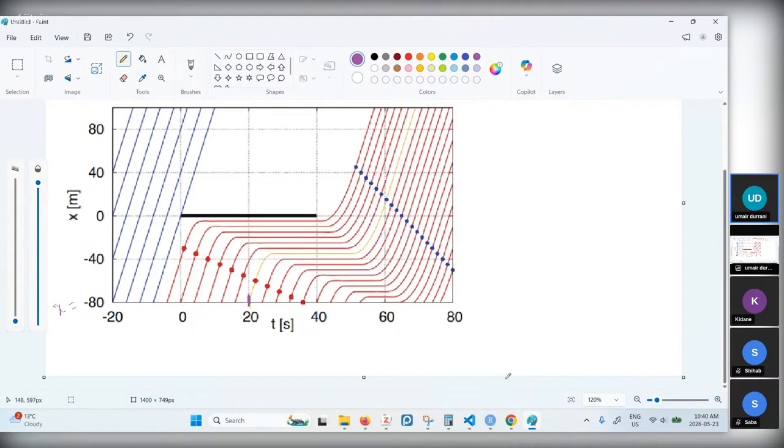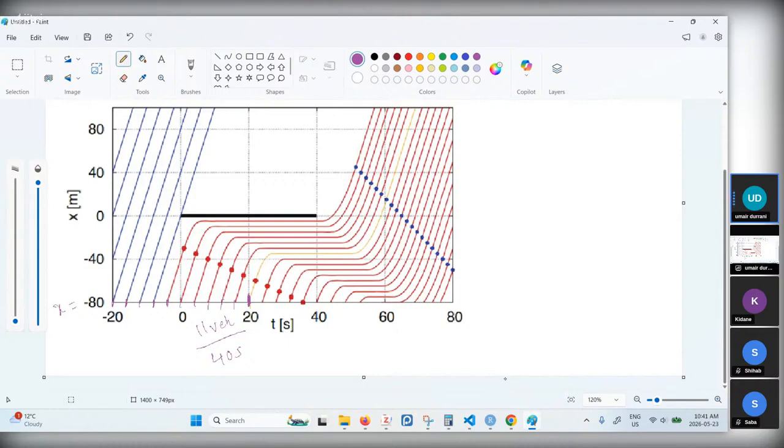then we count the number of vehicles that are crossing this particular location. In this case, let's count this as the first one, two, three, 4, 5, 6, 7, 8, 9, 10, and 11. That would be 11 vehicles that have crossed over 40 seconds.